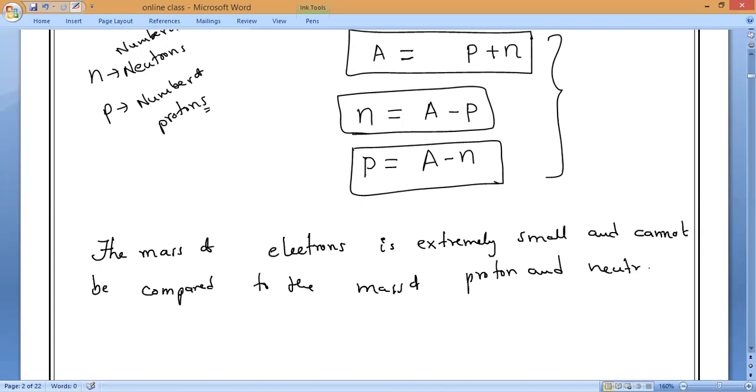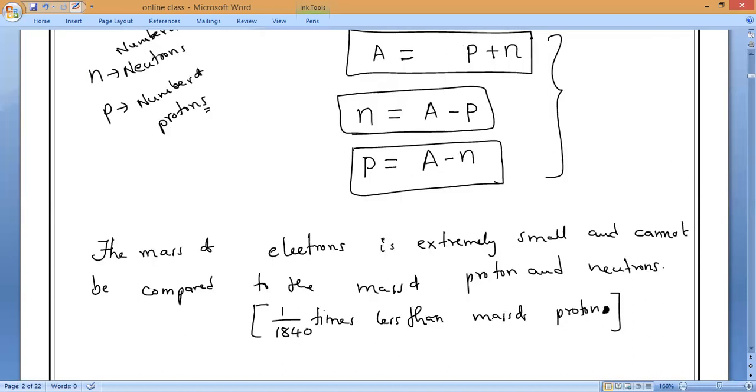So that is the reason we neglect the electron, because it is approximately 1 by 1840 times less than the mass of protons or neutrons. That is why it is negligible mass. So that is mass number.